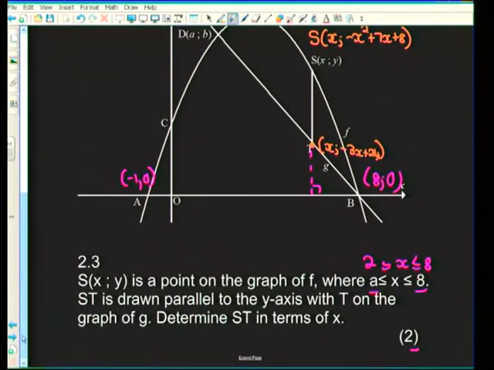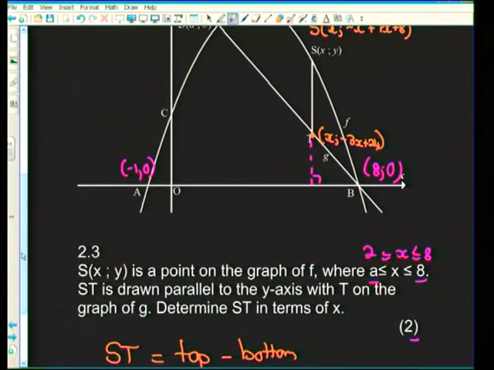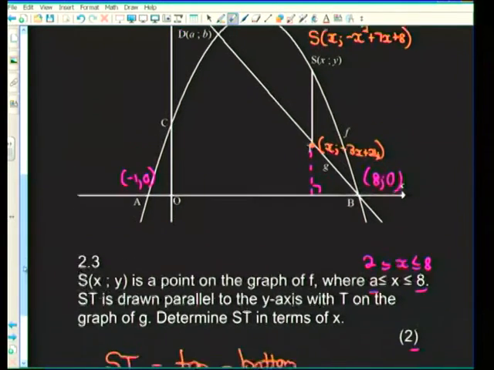So what some teachers teach, and it's not a bad way to go, they say if I want ST, I take top graph minus bottom graph. What they mean is I take the y value of S, subtract the y value of T. So the y value of S would be the equation of f, and the y value of T would be the equation of g.